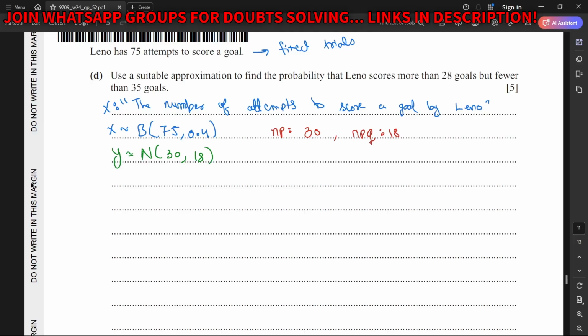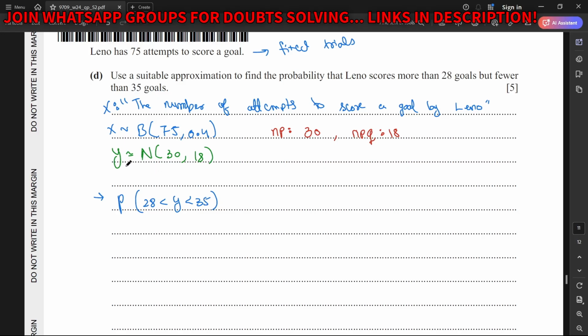Now from this we can continue ahead. So I have to find the value for which my Y is between 28 and 35, and both of them are exclusive, more than 28 and less than 35. So it is not equal to 28 or equal to 35. So this is what we have to find.